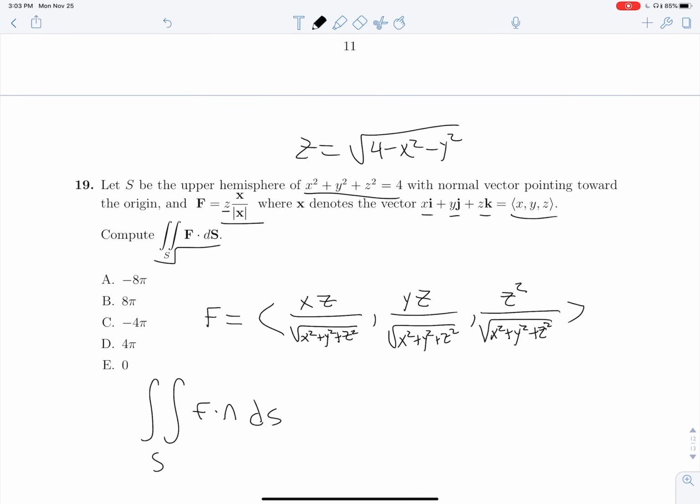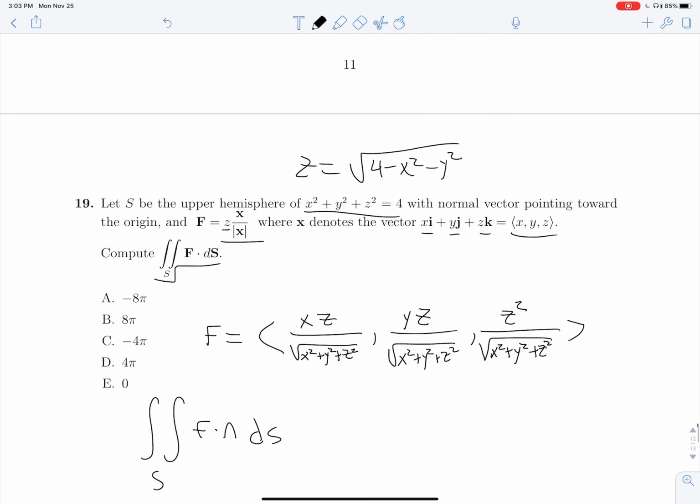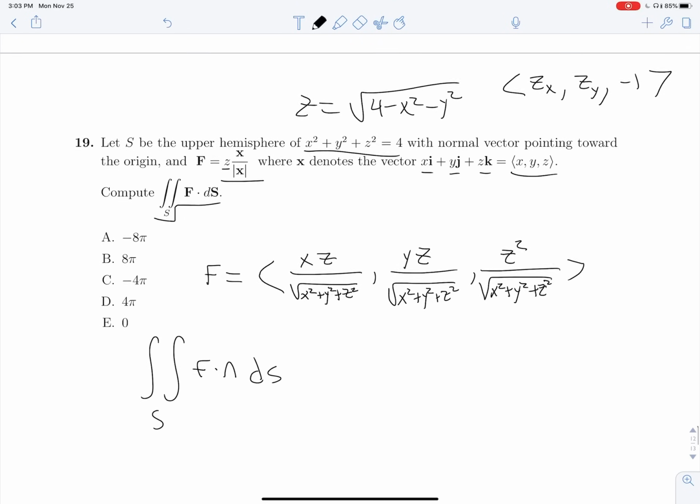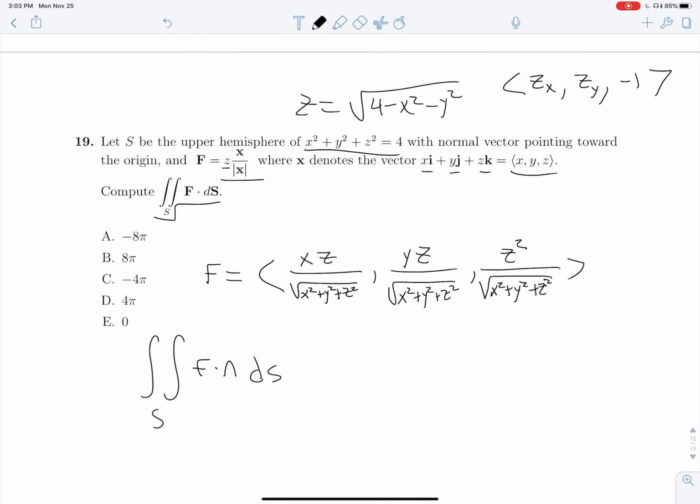because we know that we can express our normal vector in the form of (zx, zy, -1), because we want our normal vector pointing towards the origin. So let's find zx and zy and take our dot product, and so many things will cancel and it'll be very satisfying.